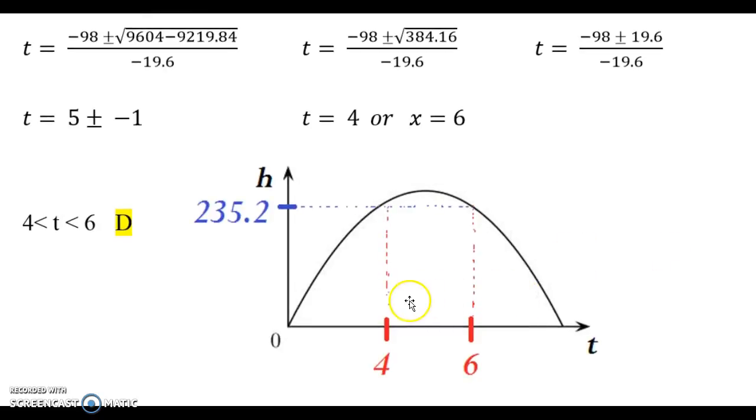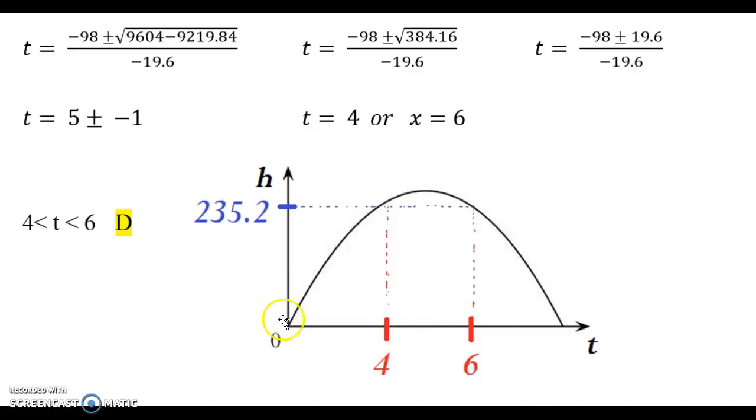And an illustration really helps us see that the time that it's higher than 235.2 is going to be in between those 2 time frames. So anytime more than 4 seconds up until it reaches 6 seconds. And so as time passes, the x-axis here is the passage of time.